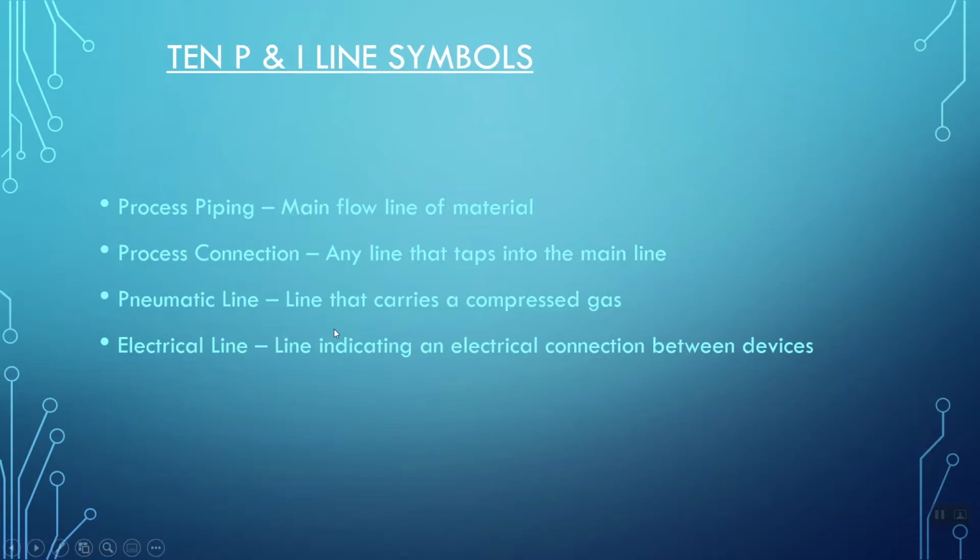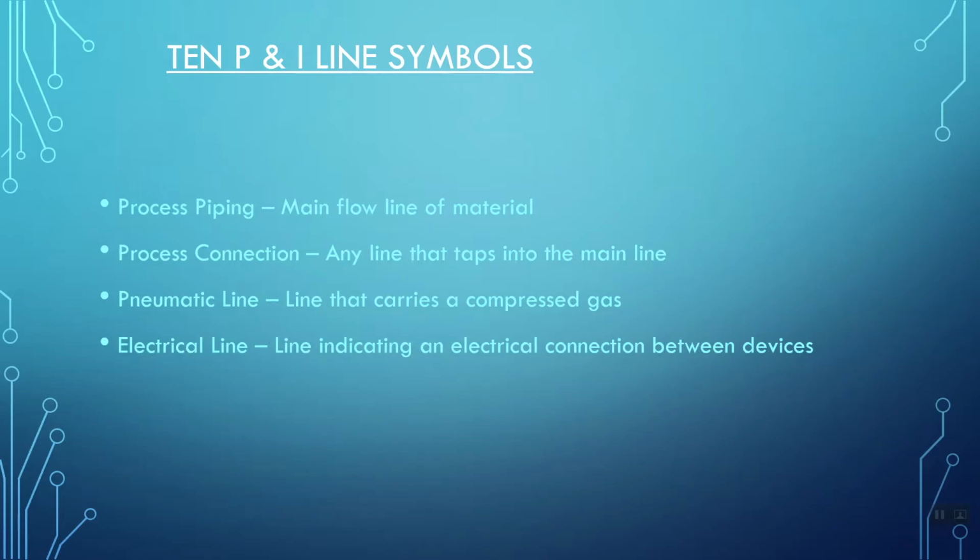A pneumatic line is a line that carries a compressed gas. Usually we reserve pneumatic lines for compressed air, breathable air and things like that. It'll be just under a certain pressure. We try not to use natural gas or something like that, a flammable substance, in a pneumatic line.